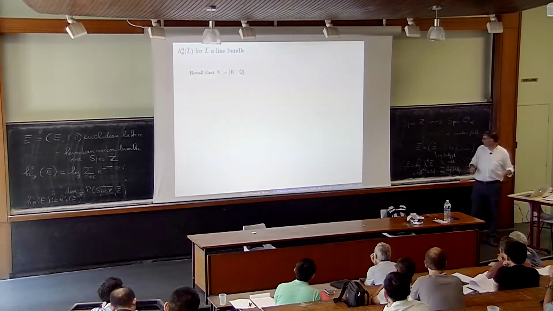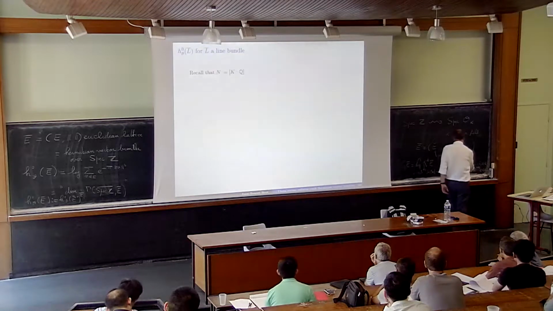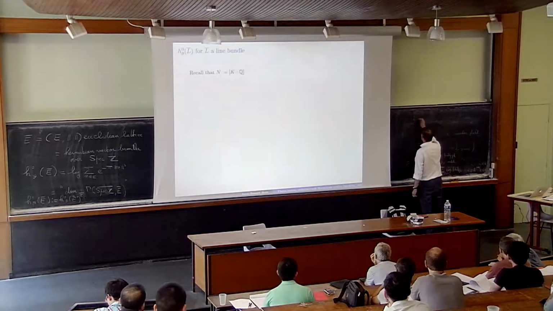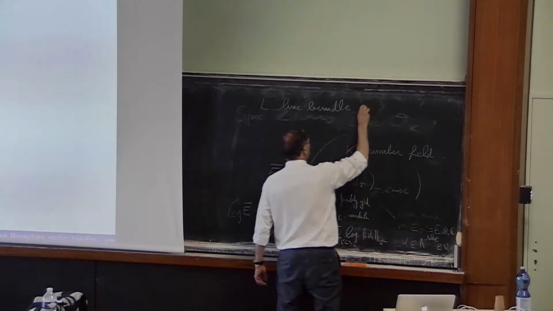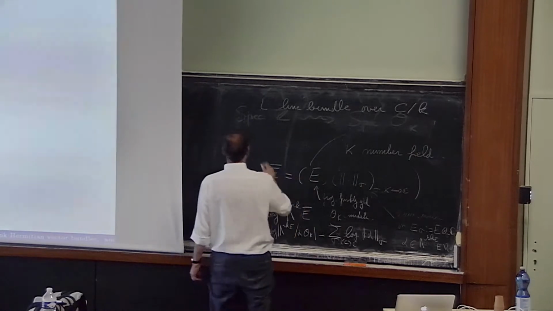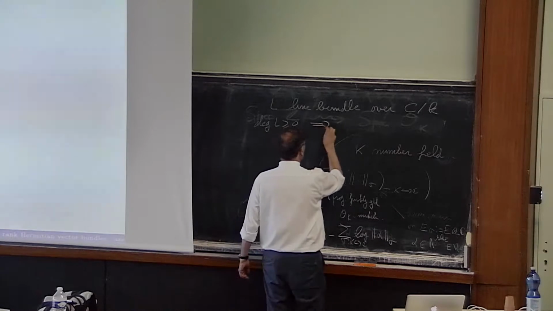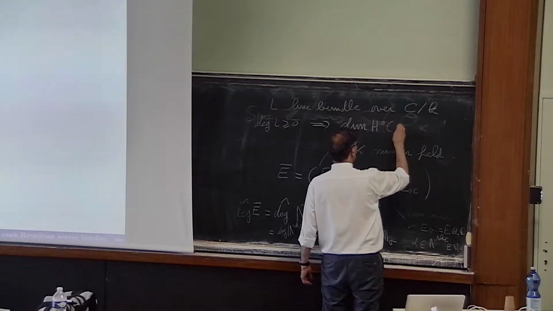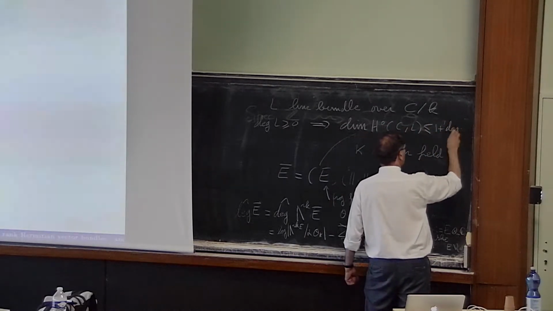It is a result that tells you that if you take L a line bundle over a smooth projective irreducible curve, if the degree is non-negative, the dimension of H0 is at most 1 plus the degree.